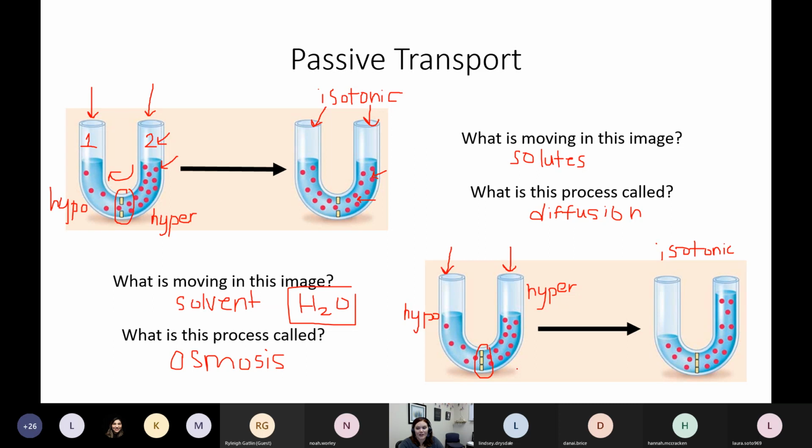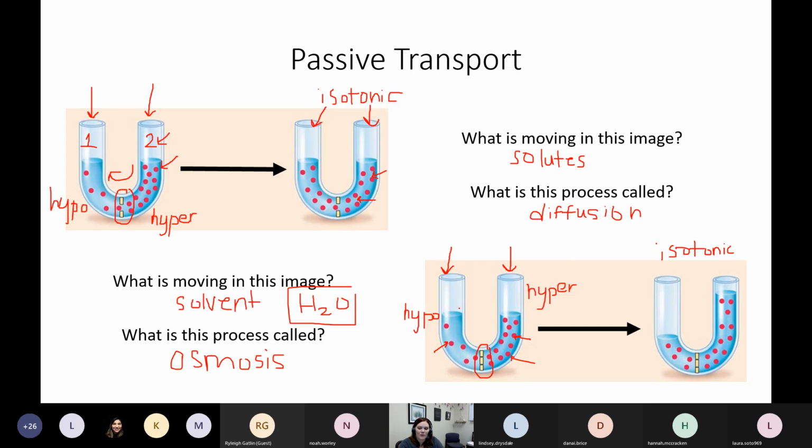And let's look at our pictures here to see that. We started with equal amounts of water on both sides. We can see in our picture here, but I've got a lot more of the solutes, a lot more of the dissolved things in my hypertonic solution, and a lot fewer of them over here in the hypotonic solution.